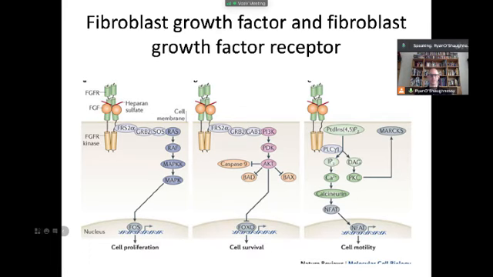So calcium signaling can be one of the outcomes of fibroblast growth factor signaling. So you can make cells move in space, make cells survive, and more importantly, make cells grow. And all three of these functions are required for the branching and elongation processes that are occurring during trachea formation.